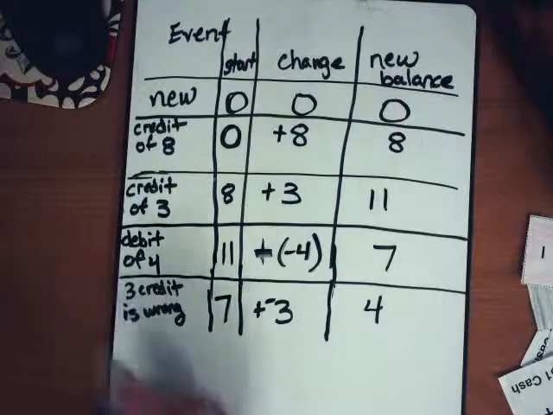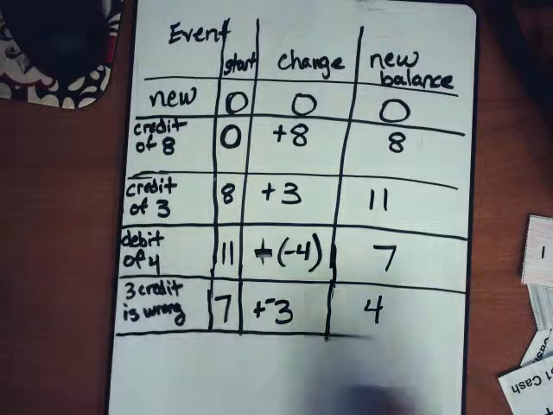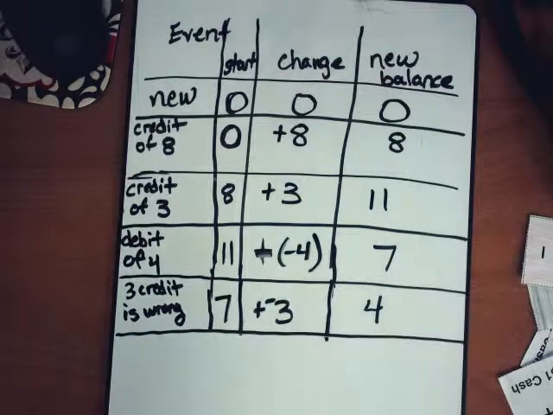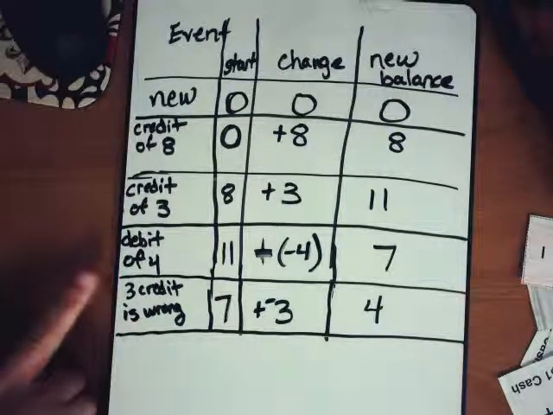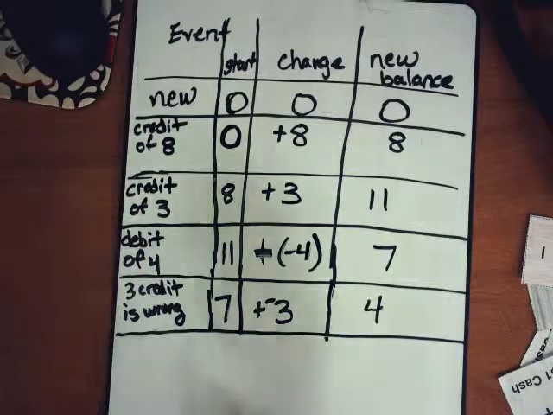So this next part here, the debit of 4, that was an error. We didn't actually spend that money right there. Okay, so watch what happens really carefully.